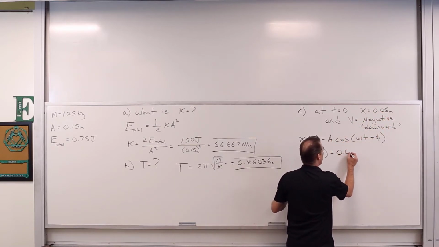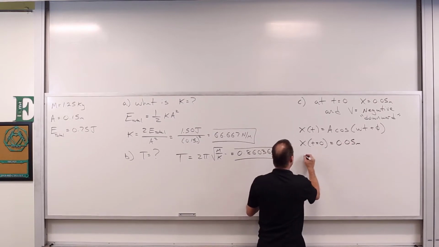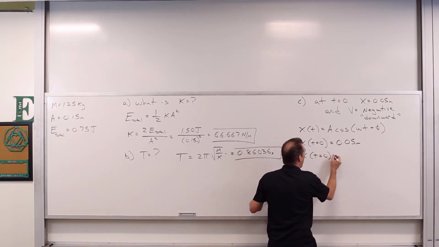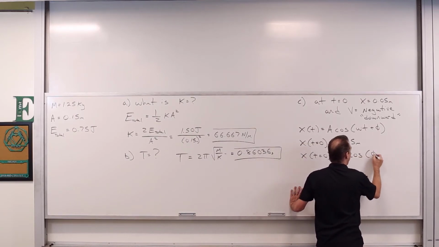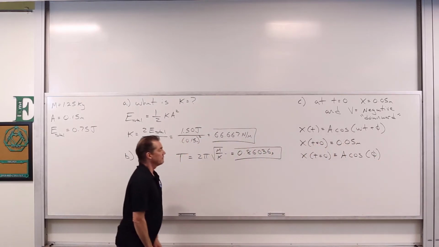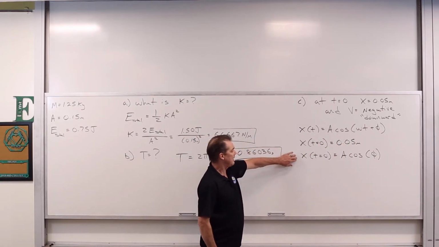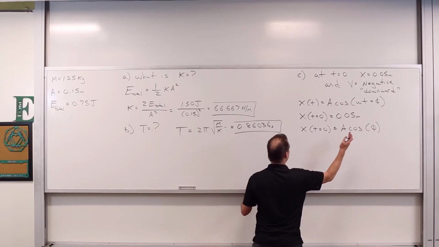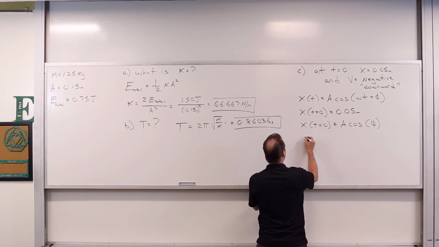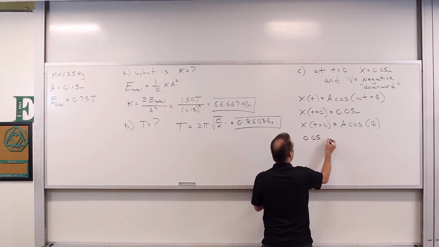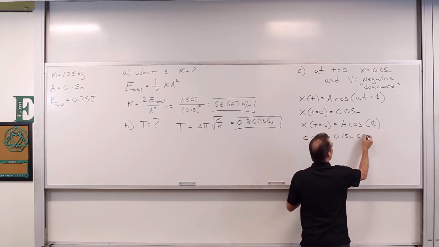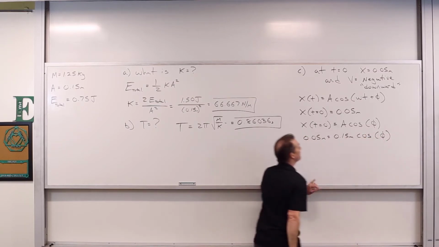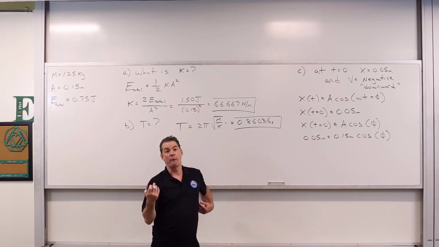So that's 0.05 meters, and x at t equals 0 is also equal to A times the cosine of phi. Thus, those two must be equal to each other, and we've got that 0.05 meters must be equal to 0.15 meters times the cosine of phi. And we can go ahead and solve for phi here.